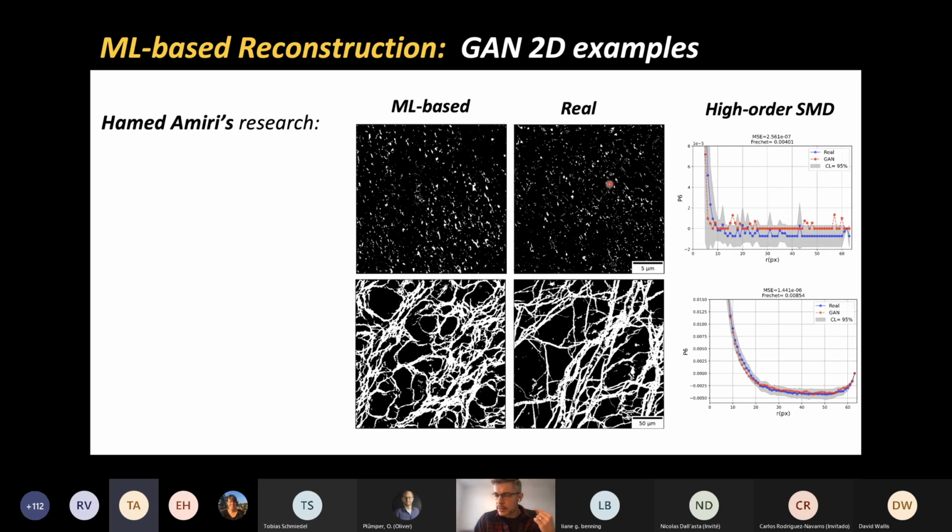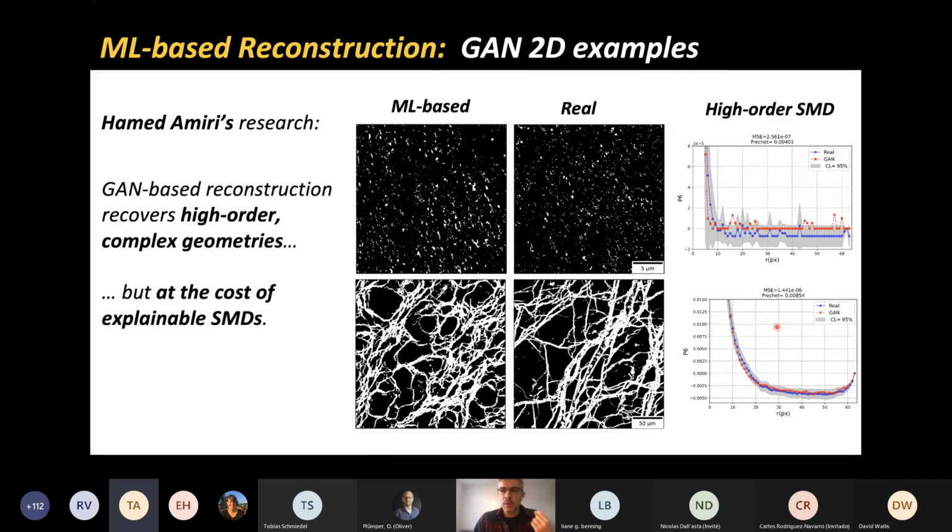There's not much order in this sample for that high order correlation. But in the serpentinite it does, and you can see that the reconstructed GAN model and the real one come really close, within a 95% confidence interval. This is really exciting because it tells us that a generative neural network is capable of reconstructing high order complex geometries, even though we didn't ask it to do so. This was not part of the metric that we used to train the network.